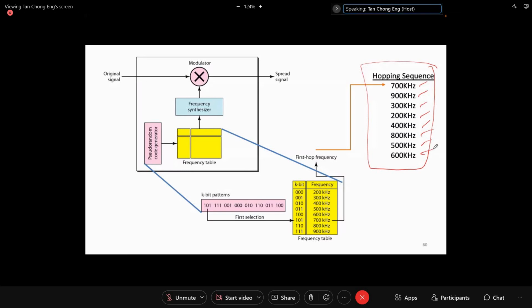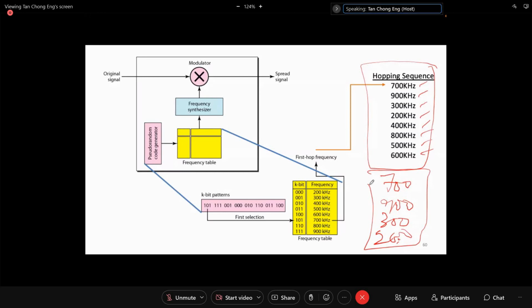After that, you change to 900. The transmission on each of these frequencies is only for a very short time. After that, you repeat the sequence again: 700, 900, 300, 200, and so on. It is the same sequence, but it keeps repeating.